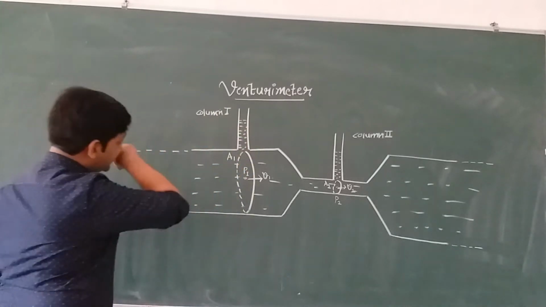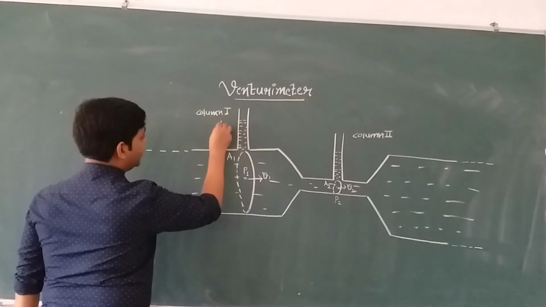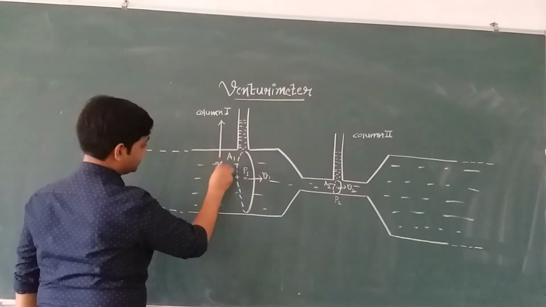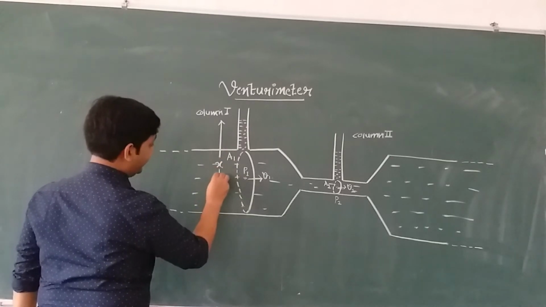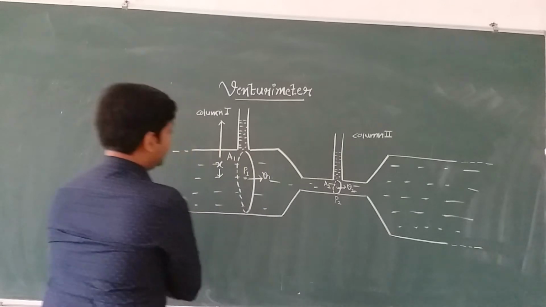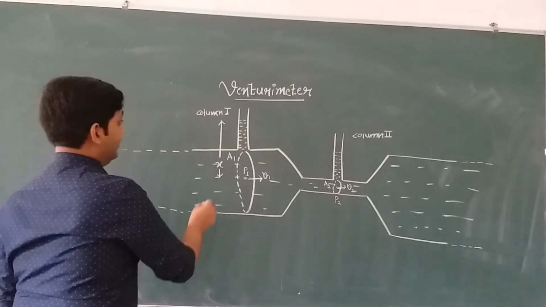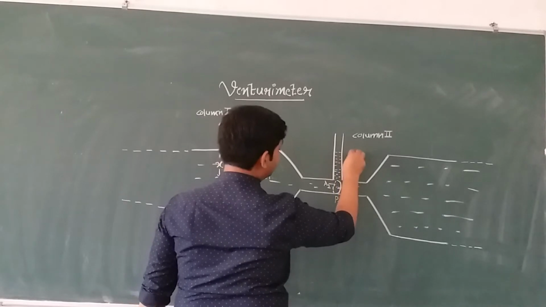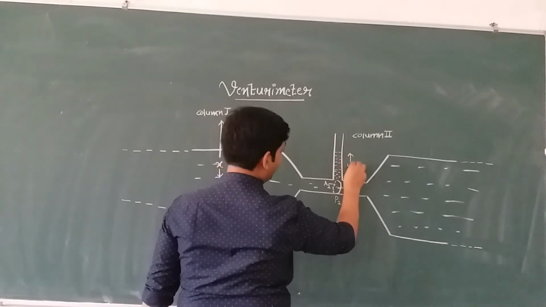Let's say the height of this liquid is x from the center. This is the center line of this tube. The tube is horizontal. And similarly, let's say the height to which the liquid rises in column 2 is y.